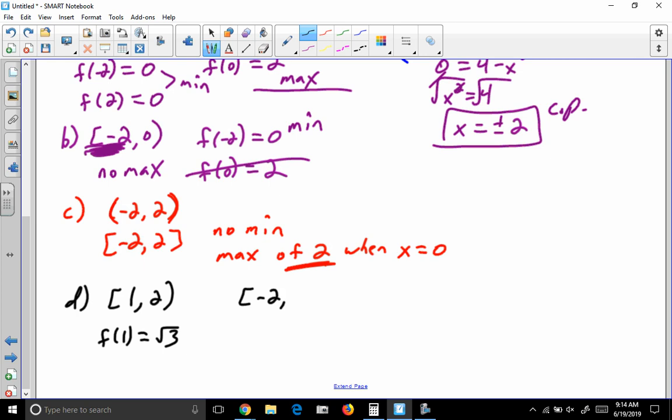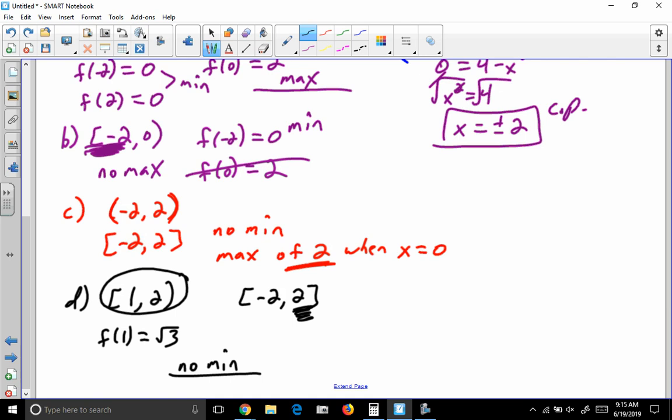On the interval from -2 to 2, 2 was one of the minimums, one of the lowest values. This is essentially a subinterval of that one. So likewise, where the lowest point would have occurred would have been at 2. Since 2 is no longer included, there is no minimum.